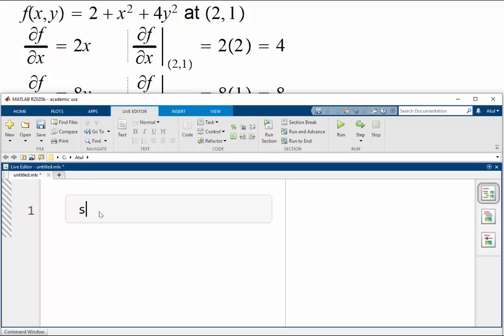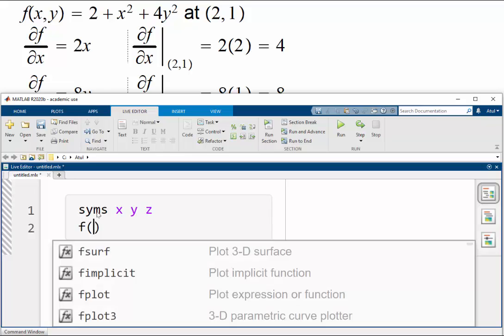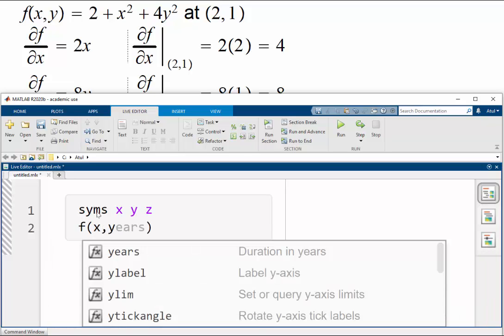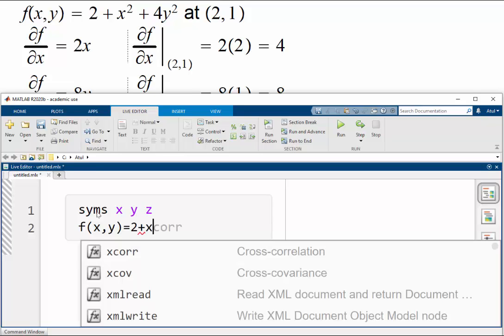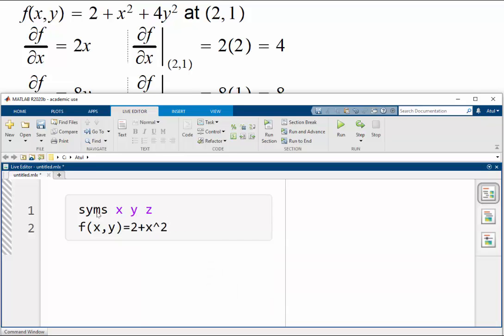Okay, so I did this. I just brought a live script for you. I don't have to bring z in, but still I decided to. And our f(x, y) is 2 plus x square plus 4 times y square. And we have also the level curve.